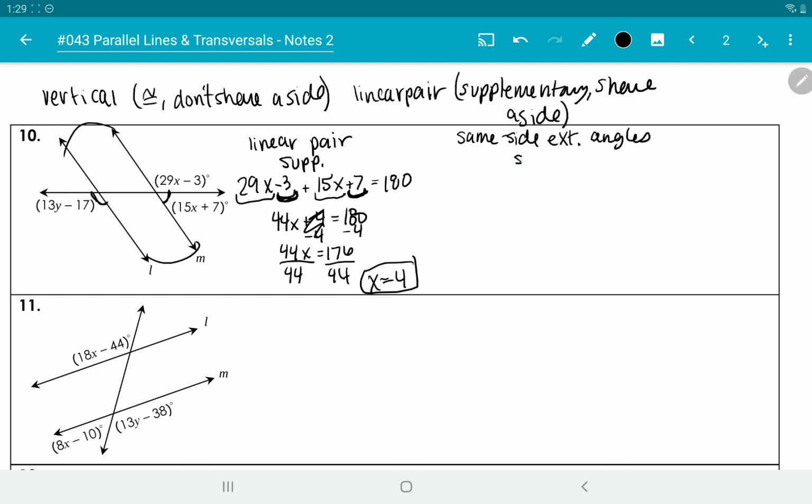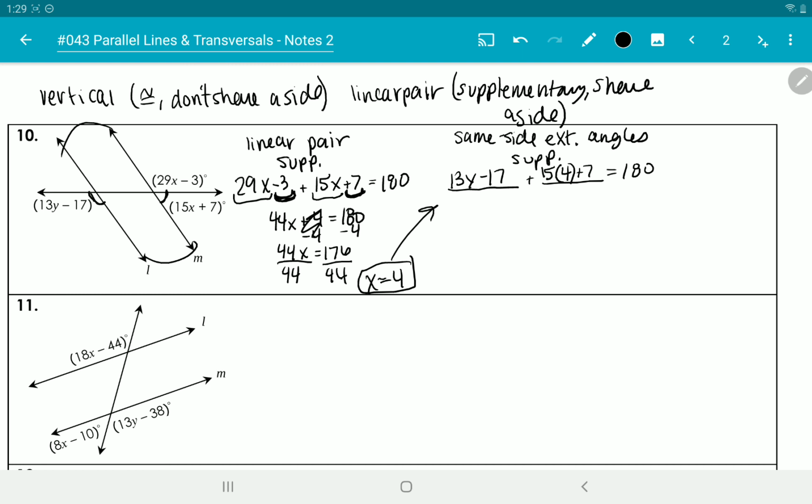Same side exterior angles are once again supplementary. So we're going to have blank plus blank equals 180. So we have this 13y minus 17. And I'm going to go ahead and copy this, but instead of writing an x, we're going to write a 4, because 15 times 4 plus 7. We just replace the x with a 4.